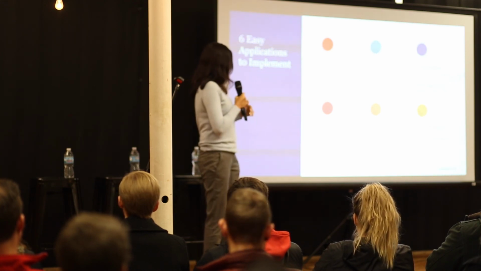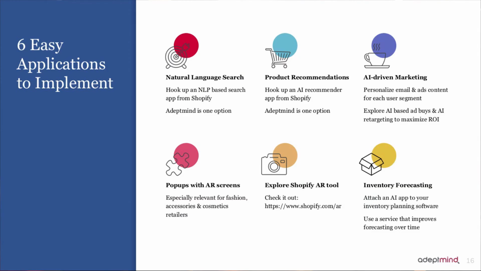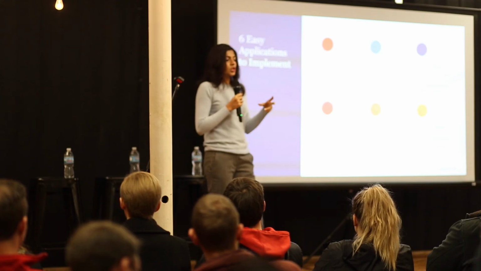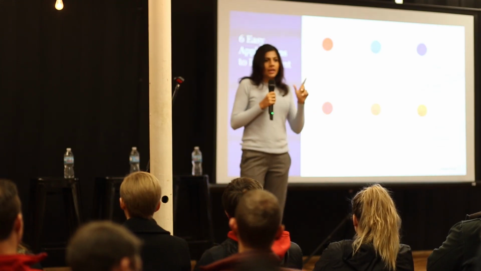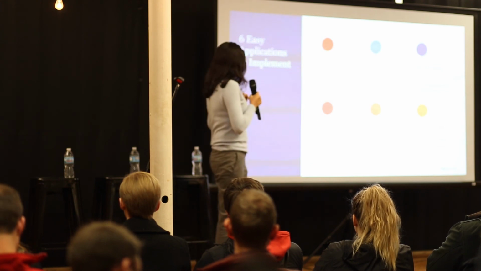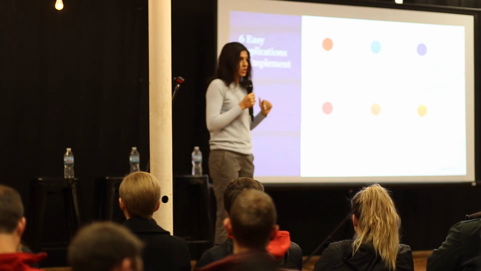The first is natural language search. The example that I was showing is part of natural language search, but also enabling a customer to search more than just "shoes" or "jacket." Being able to search for longer queries is a good place to start. Adeptmind is one such option.